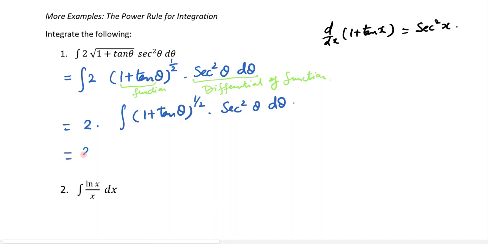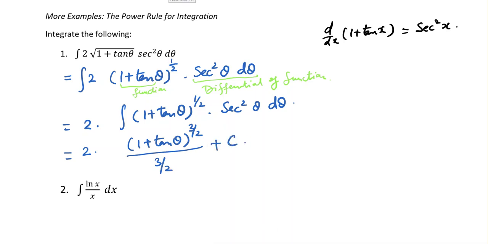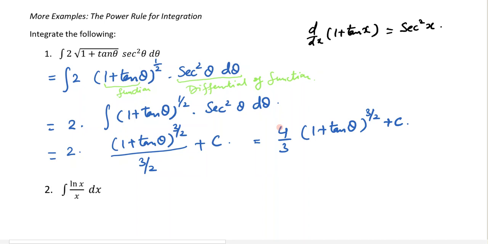So we simply raise the power of the function by 1. So 1 plus tangent theta, the new power is going to be 3 by 2, divided by 3 by 2 plus c. So overall we get 4 over 3 times 1 plus tangent theta raised to power 3 over 2 plus c.